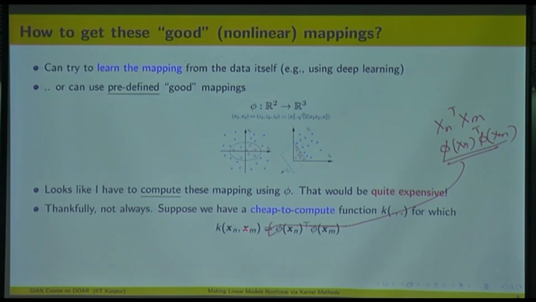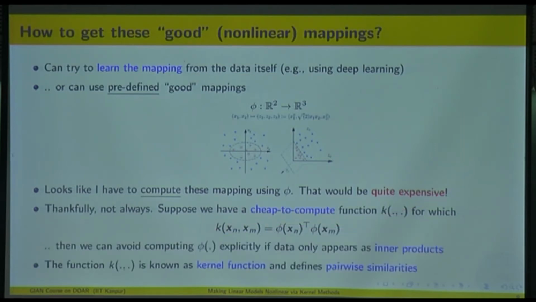The point is that the moment I have a function like this, many functions k have an associated phi mapping. So the moment we define k, we already get the associated mapping phi, right? If I'm replacing these terms by k, I'm implicitly using this phi mapping for this problem.